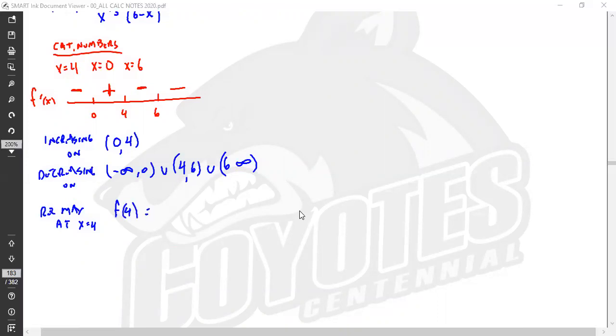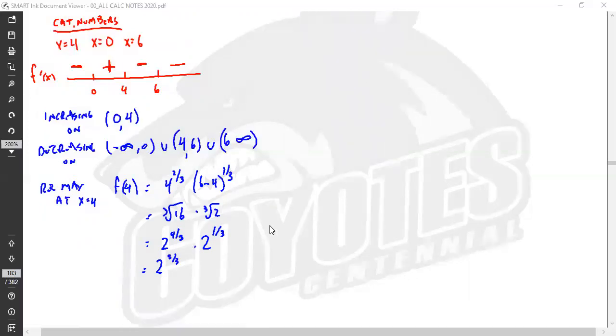F at 4 is equal to 4 to the 2/3 times (6 minus 4) to the 1/3, which is cube root 16 times cube root 2. If we want to write it like this, it means 2 to the 4/3 times 2 to the 1/3, then that maybe makes some more sense, that that's 2 to the 5/3. We could simplify that radical and get the same thing that way.